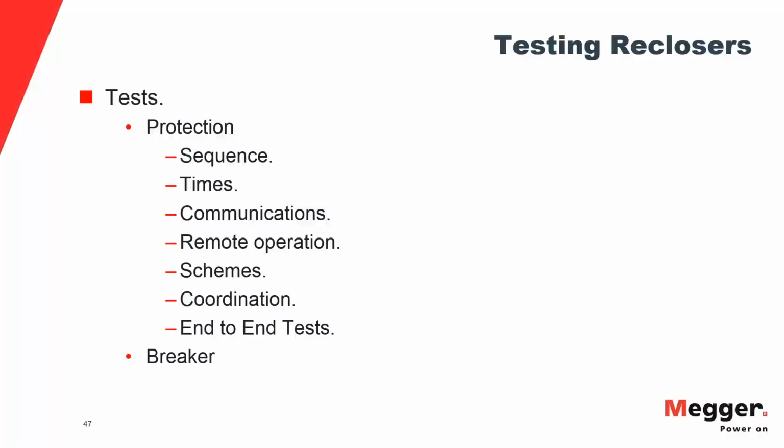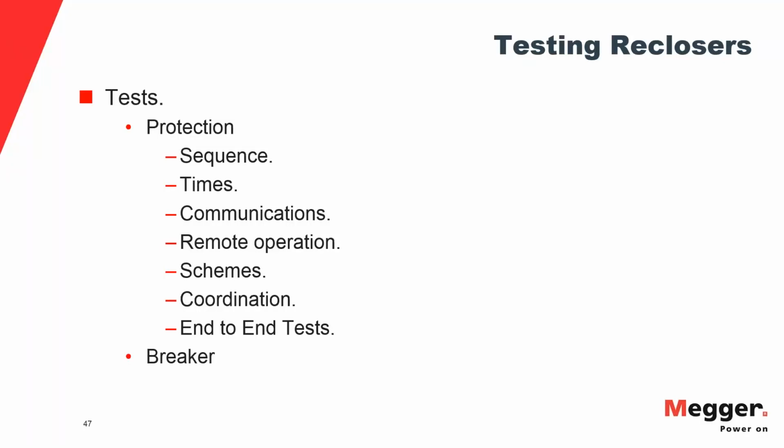What do you test when you're talking about testing the recloser? Well, you mainly test the protection, the sequence of operation. You check that the times are correct. You check that the communications between the recloser and the other reclosers in the system, or the recloser and the remote unit are correct. You test the schemes.